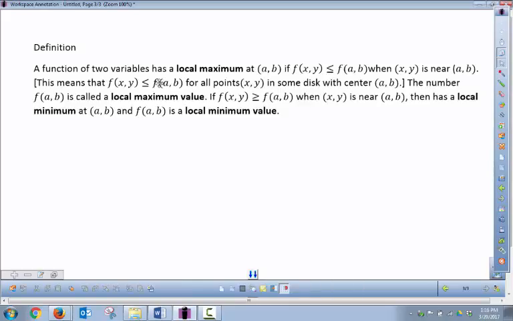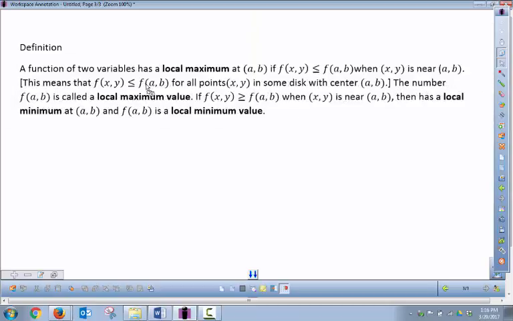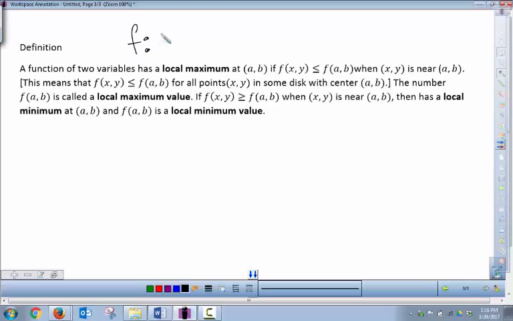So we're talking about functions of two variables here, where f goes from R2 to R. A function of two variables has a local maximum if f of xy is less than or equal to f of ab, where xy is near ab. So what does that mean?